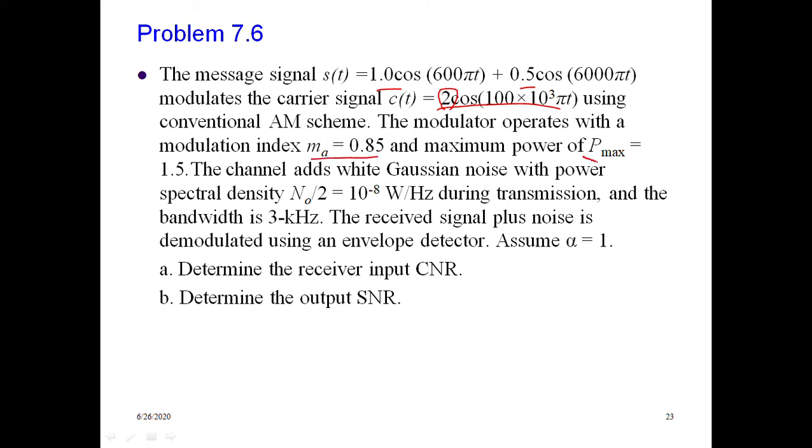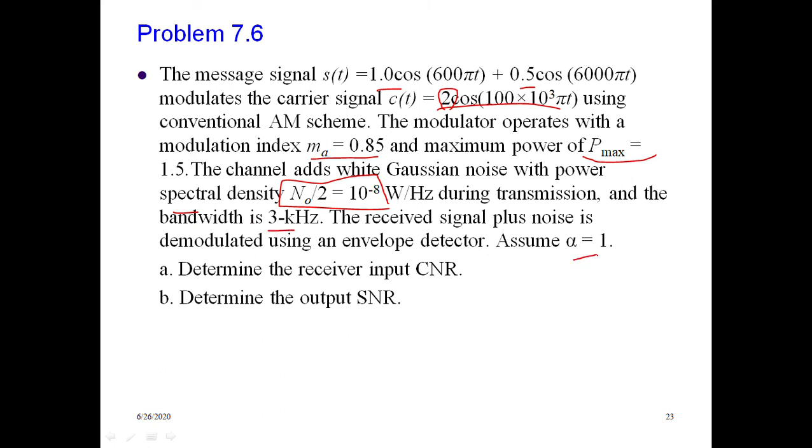This P max will be used for the measurement of the normalized signal, which is S squared bar divided by P max. Then again, here they define the power spectral density for the noise as 10 to the power of minus 8, with B equal to 3 and alpha equal to 1.